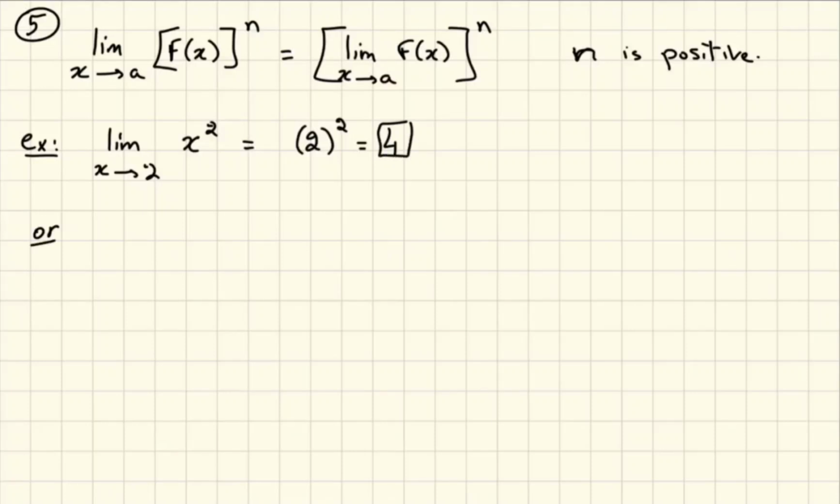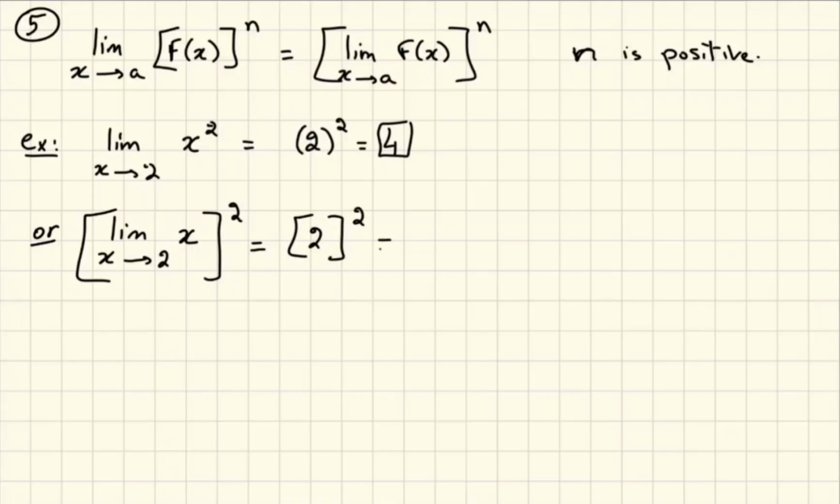Can I apply the idea here? So can I write it as the limit as x approaches 2 of x alone and take the power 2 out like this? Let's see. The limit as x approaches 2 of x is just 2 and we have exponent 2 outside, so the answer is exactly the same thing, which is 4.